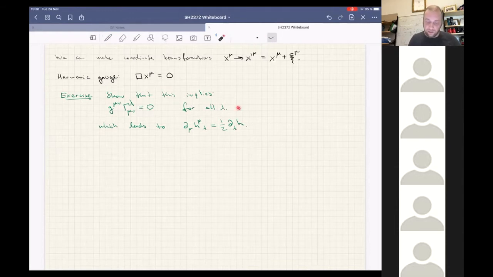This is essentially the linearized version of this, once we have written down what the Christoffel symbols are. So we leave that as an exercise.